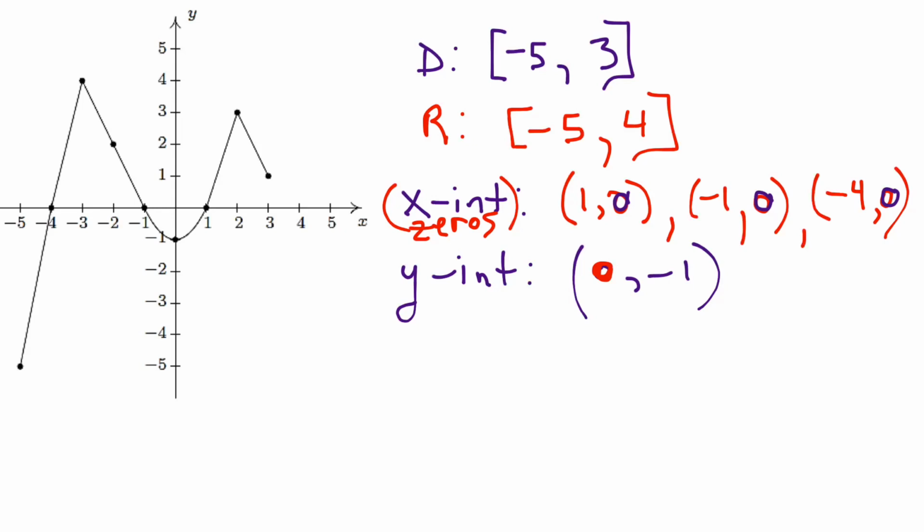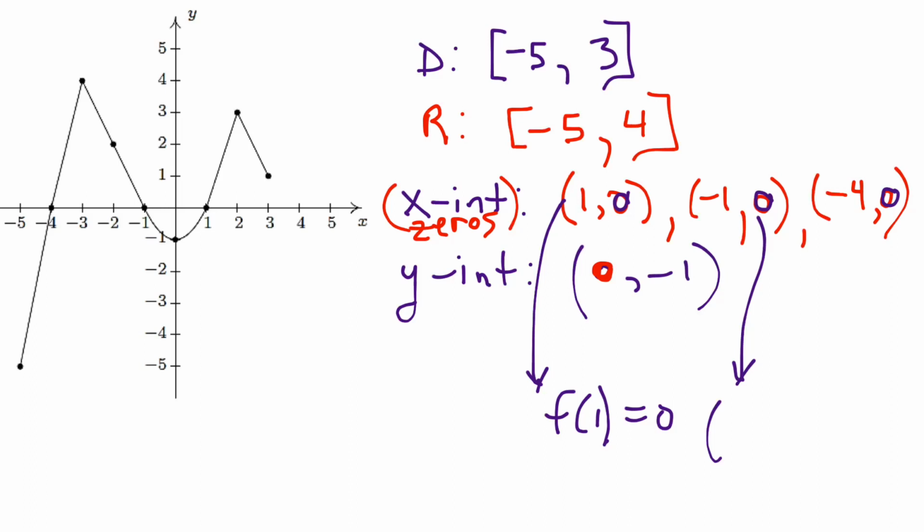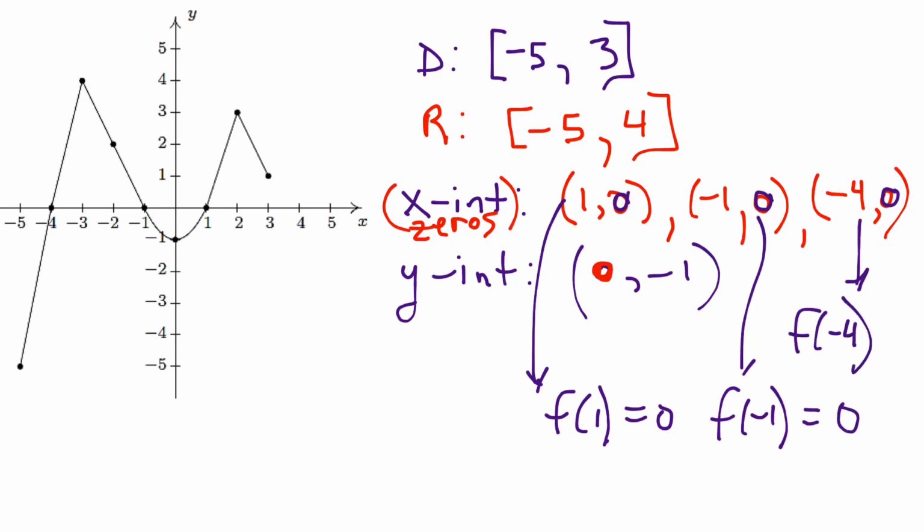In this case, let's try to make this clear. This point right here, f of 1 equals 0. This point here, f of -1 equals 0. And this point here, f of -4 equals 0. Hence the term zeros.